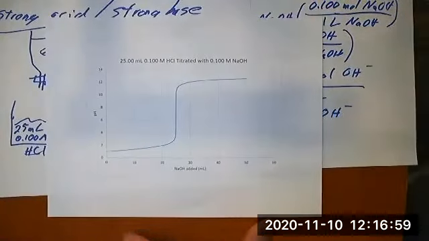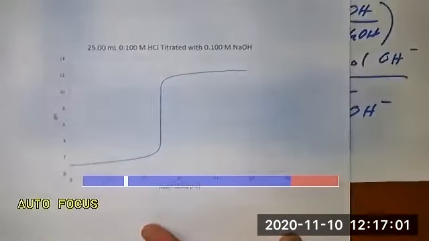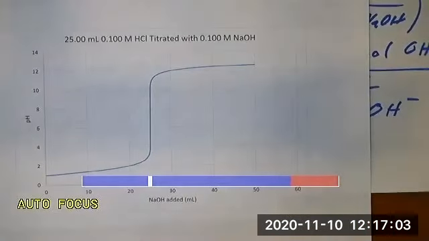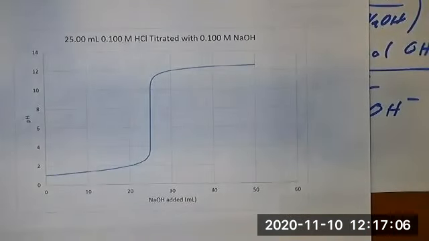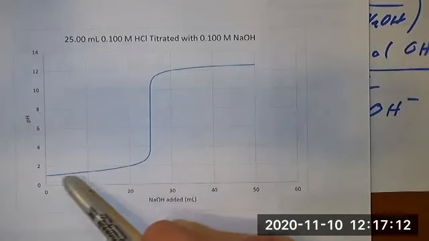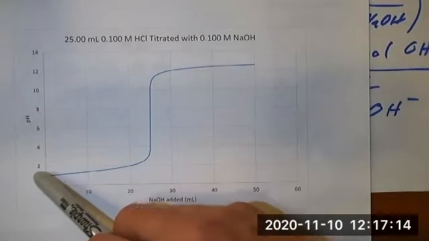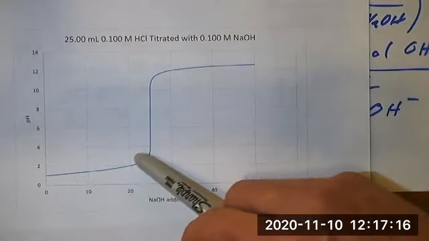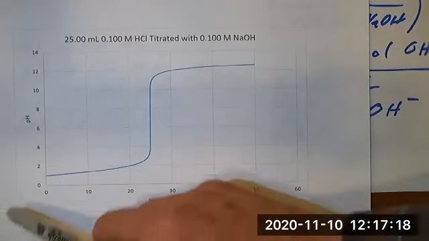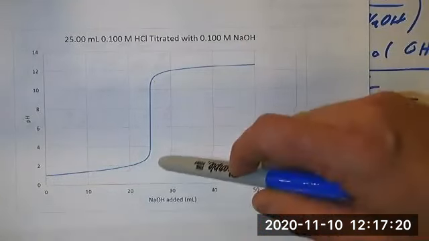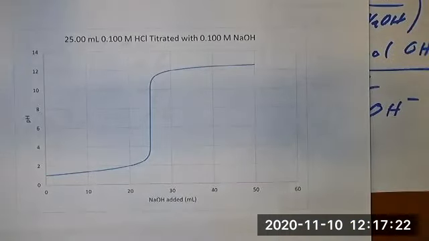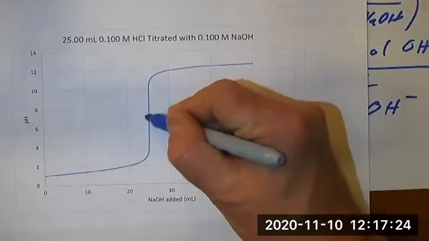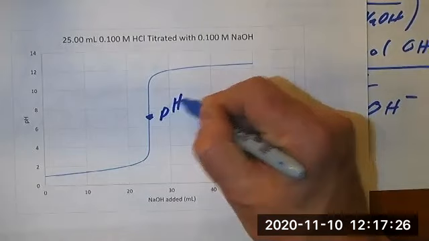And this is a plot that shows what the titration curve ends up looking like if you pick a bunch of values. I put this together in Excel. What you see here is that the pH changes relatively slowly until you get close to the equivalence point. At the equivalence point here, we have pH equals 7.